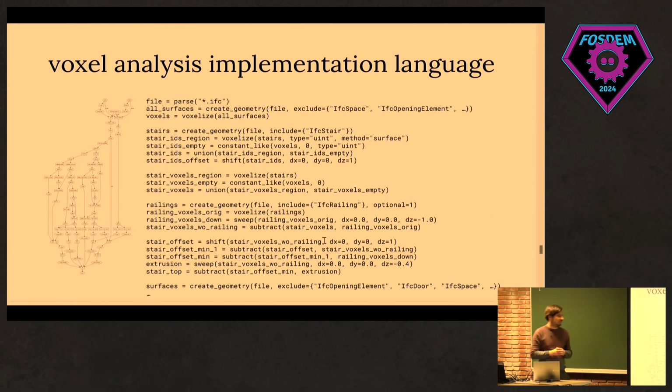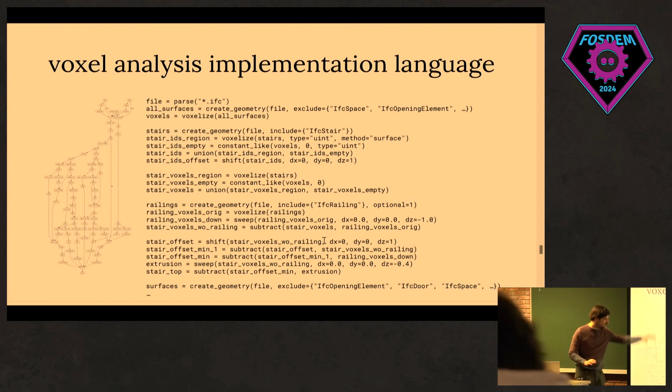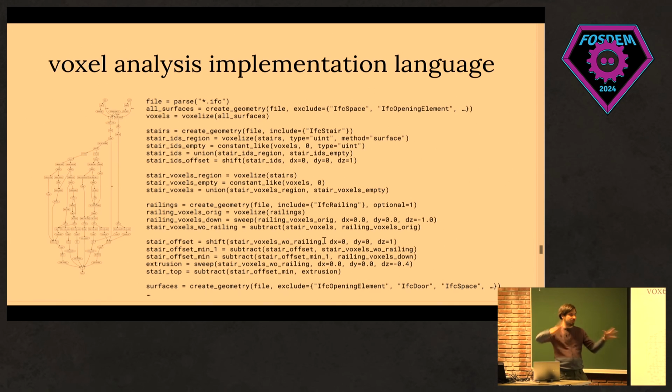Here you see visually all the operations that were involved in one of these computation graphs, I don't remember which one, to union those voxels, subtract a bunch of things, do these traversals, to really figure out the space where we can stand.